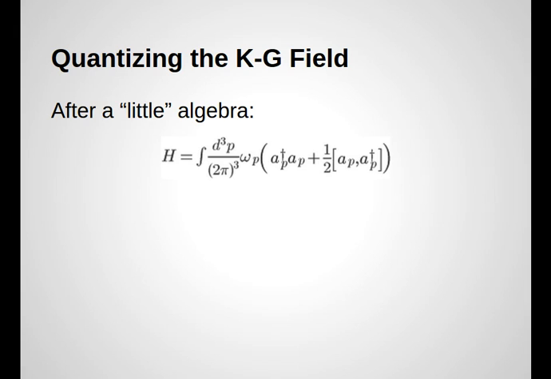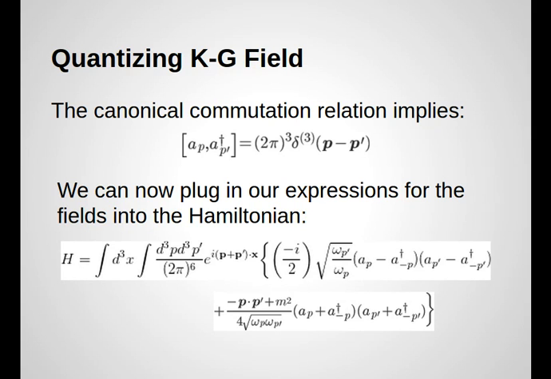And then finally, you have the second term there, which we would relate to the ground state energy. You see the 1/2, and then you see this commutator between A and A dagger, and they both have P as their subscripts. If you go back and look at the commutation relation between A_p and A_p' dagger, it goes like a delta function.